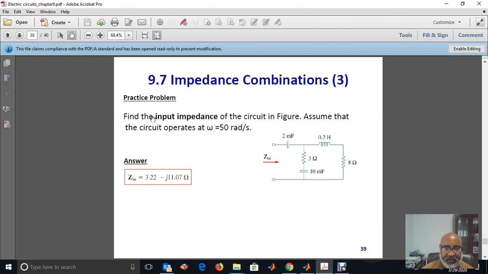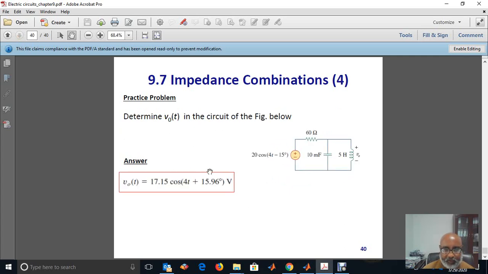Here you have an exercise which you will do in the class exercise session. Again, I have a resistor, inductor, and resistor, capacitor here, and you do the series-parallel combination, and the answer is given. Here is another problem. Try to find the output voltage across the inductor. Again, you have to use those laws.